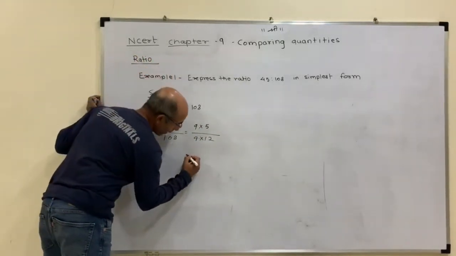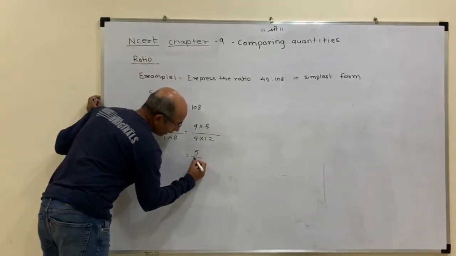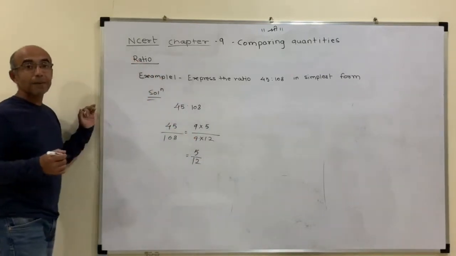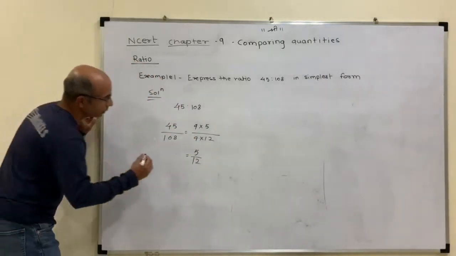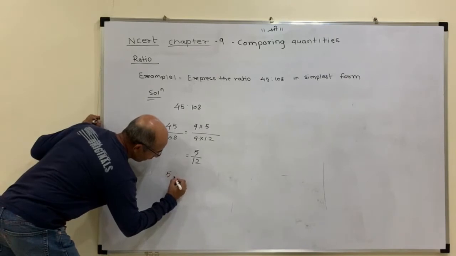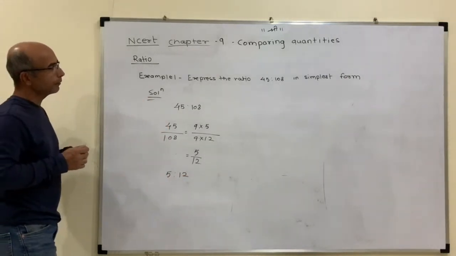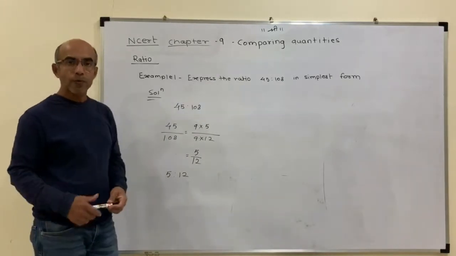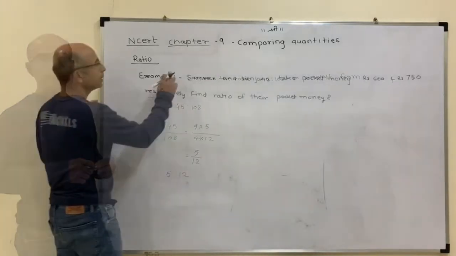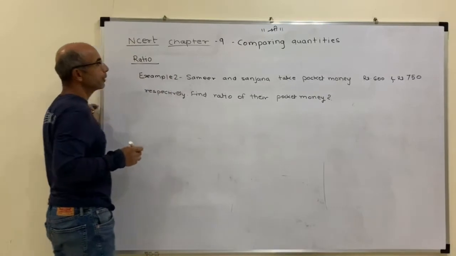So ultimately 5 divided by 12 is the simplest form. So 5 as to 12 is the simplest form of the ratio 45 as to 108.